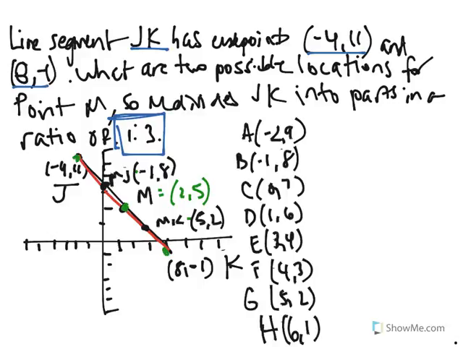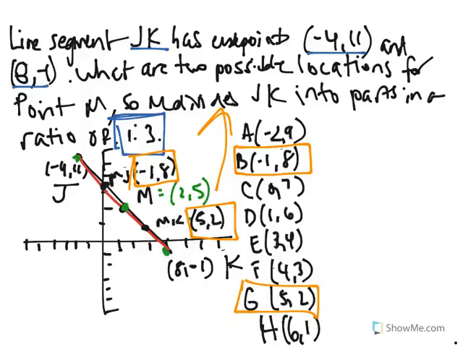Okay, so these are the two coordinates that we found that could satisfy the conditions above. Are either of these answer choices? Let's see. (-1, 8). Oh, right here, B. And then (5, 2), G. All right, so our answers are B and G.